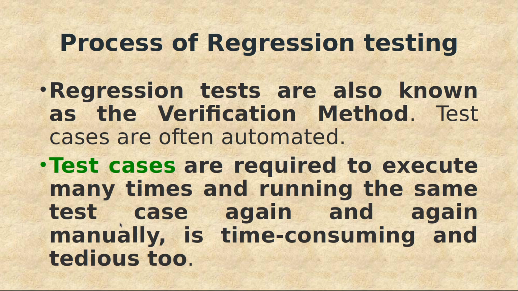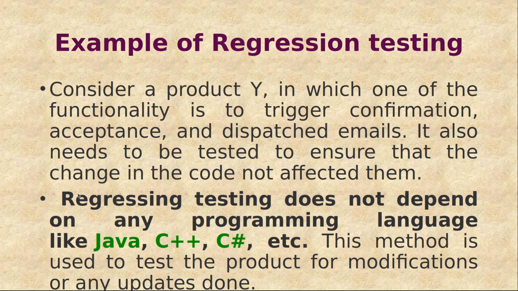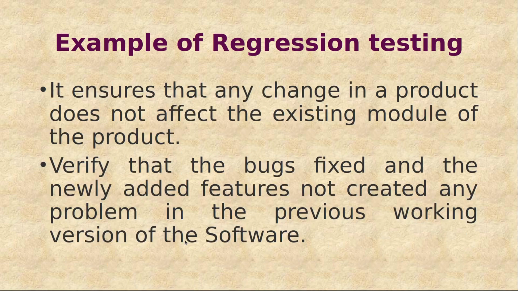Running the same test cases again and again manually is time consuming and tedious. So we test continuously, again and again. Here we do not depend on any specific language such as Java, C++ or C Sharp.